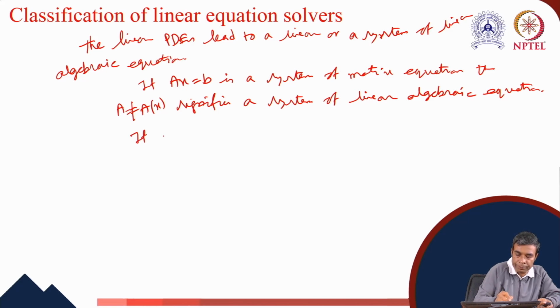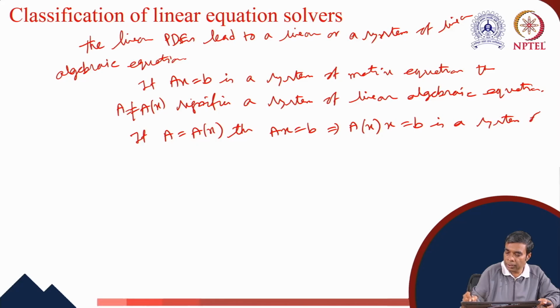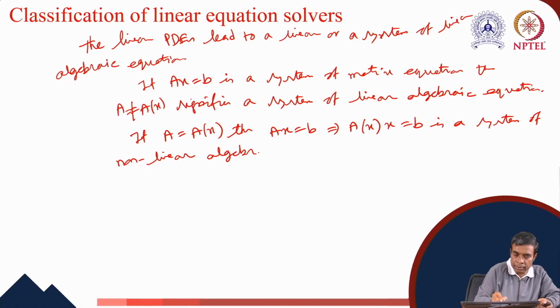If A is a function of x, then Ax equals B leads to A(x)x equals B, which is a system of nonlinear algebraic equations.